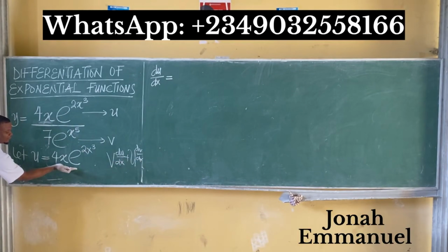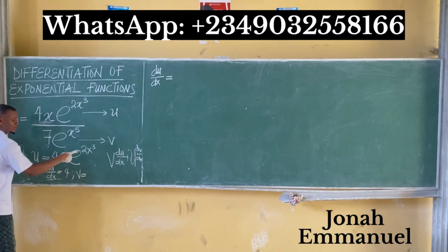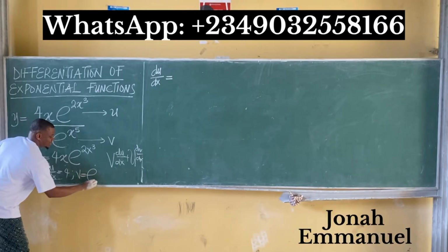In this question, focus on the question here. What is u? u is equal to the first term multiplying this, which is what there? 4x. What is du/dx? Differentiate 4x. What do you have there? 4. Good. What is v? Exponential what there?